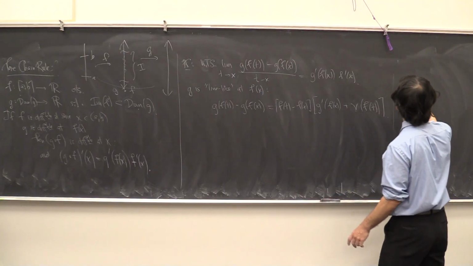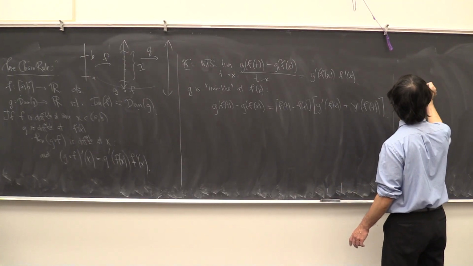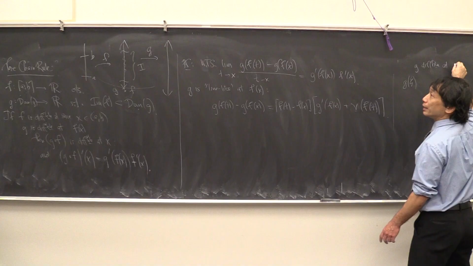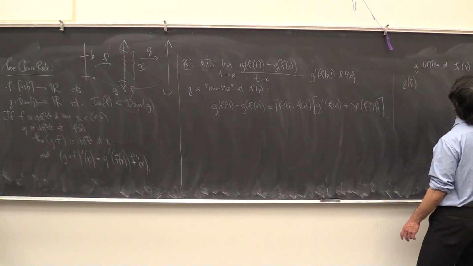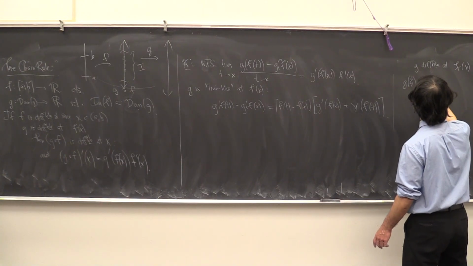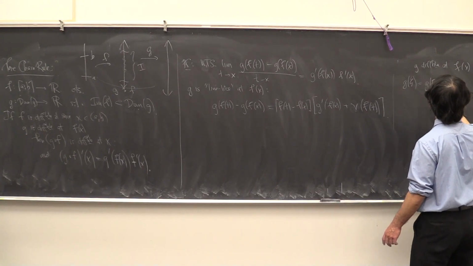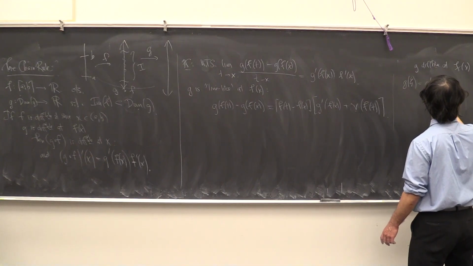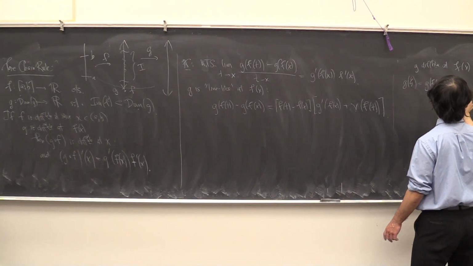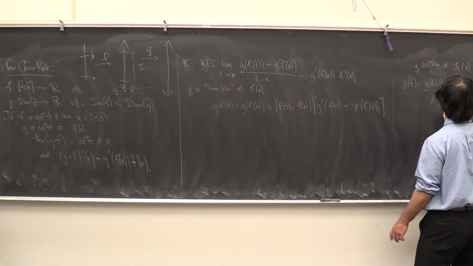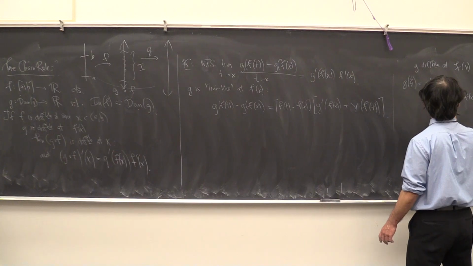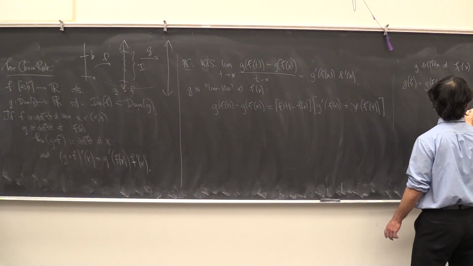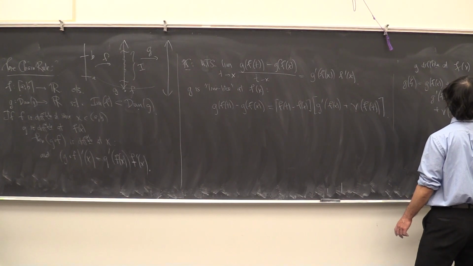Remember that g at some point, so g differentiable at f of x meant that g of f of x plus g prime f of x times this thing minus f of x plus the error at f of x times zeta minus f of x.